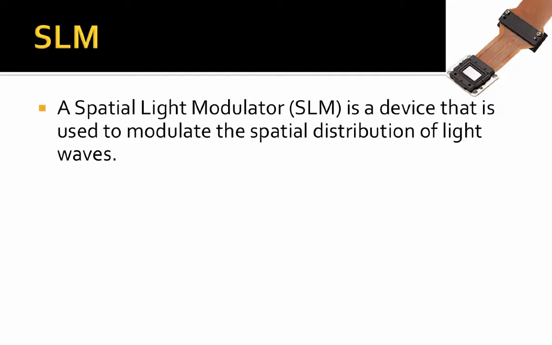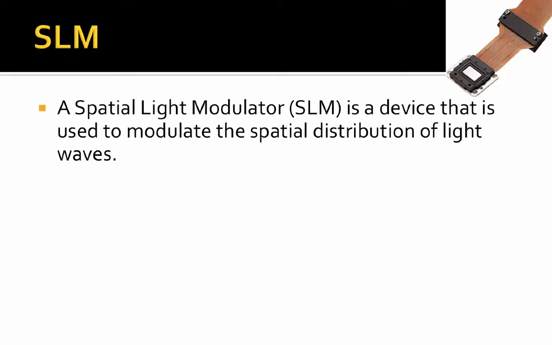Now, a spatial light modulator, or SLM, is a device that modulates the spatial distribution of light waves. Spatial distribution means you look at a laser beam, which of course you're not going to do, coming straight at you, and it has a shape, a mode. It looks like a circle, say, coming towards you.